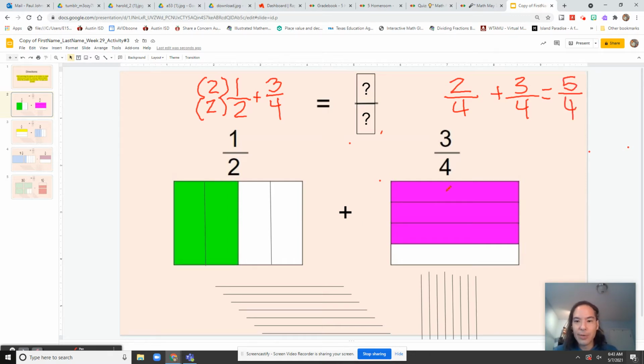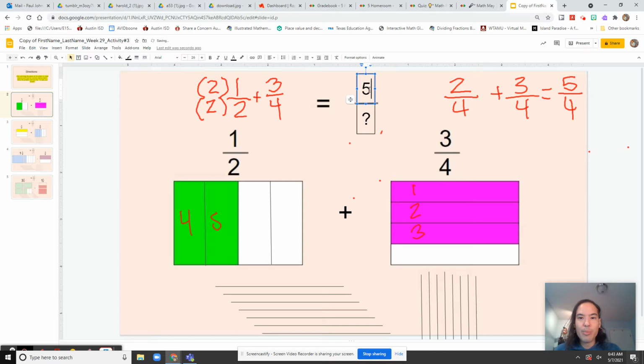If we count over here, we have 1, 2, 3, 4, 5. 5 pieces shaded, and we have everything cut into fourths. So our answer, I don't know why it left so many dots all about, but our answer is an improper fraction. They did not give us the opportunity to give them a mixed number, so our answer is 5/4.